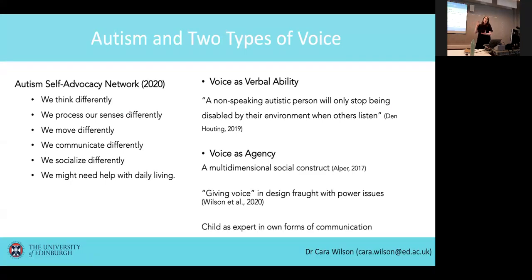There's a really lovely longer version of this online if you'd like to look it up, but they describe autism as a neurological difference whereby we think differently, process our senses differently, move differently, communicate differently, socialize differently, and might need help with daily living.